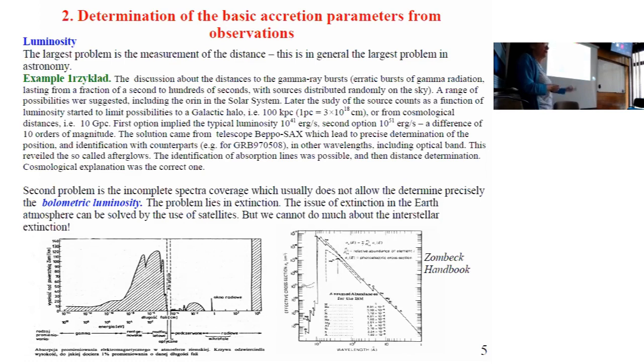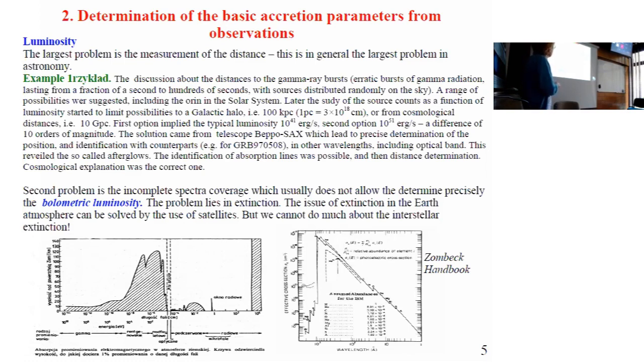So the number of weaker bursts was smaller than expected from an infinite sphere. And in that case, two possibilities were discussed. Either they come from the halo of the Milky Way, which also finishes, or from cosmological distance, where finally we are short of sources because of the evolution of the universe.